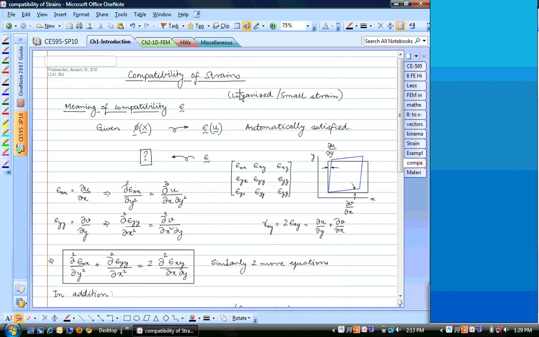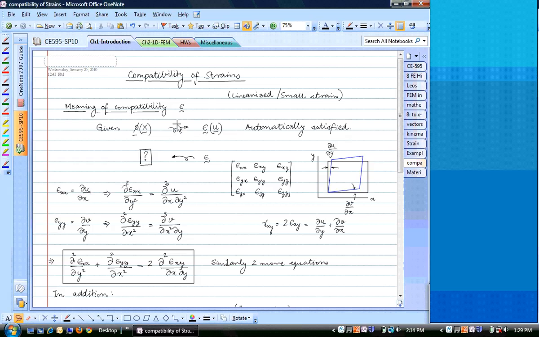Okay, this is something that most of you would most likely have heard in your undergraduate mechanics of materials or solid mechanics, whenever you took that. But the idea here is that we are trying to find conditions when a measure of strain corresponds to a real displacement.